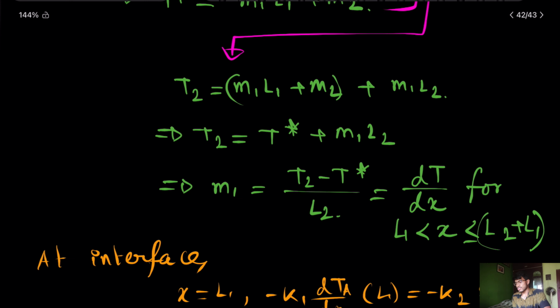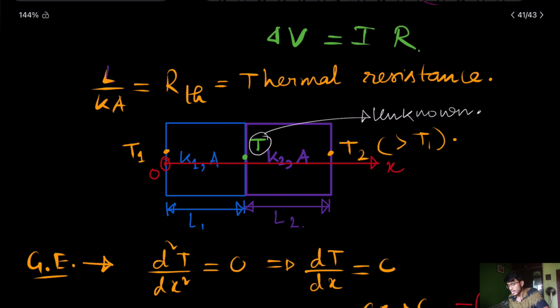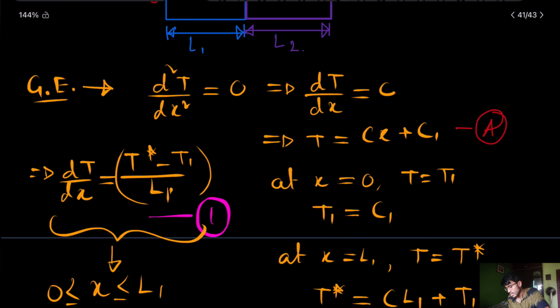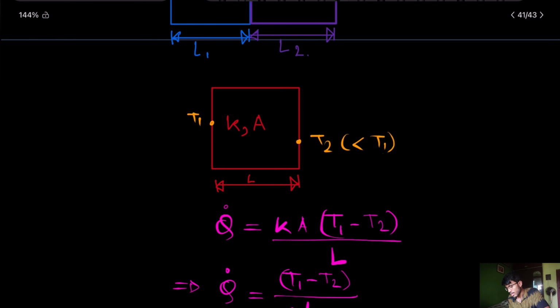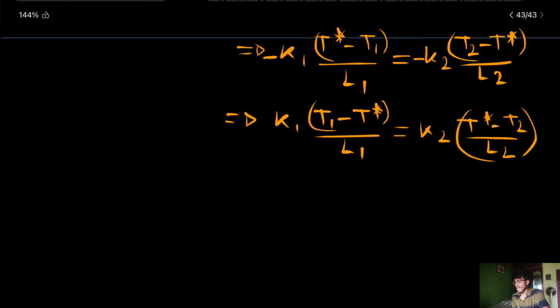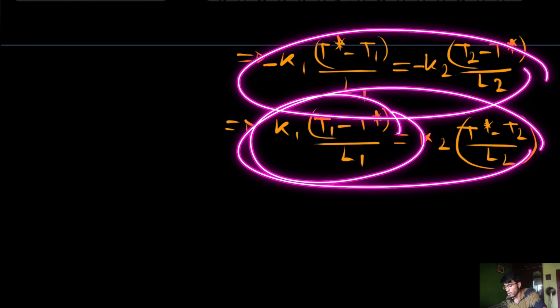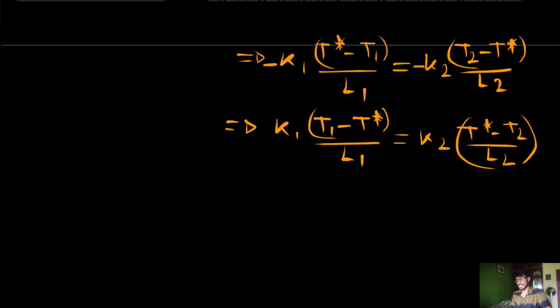Because I have already assumed that T2 is greater than T1. That does not matter if you write this or this, it is the same expression mathematically. Both equations are the same.